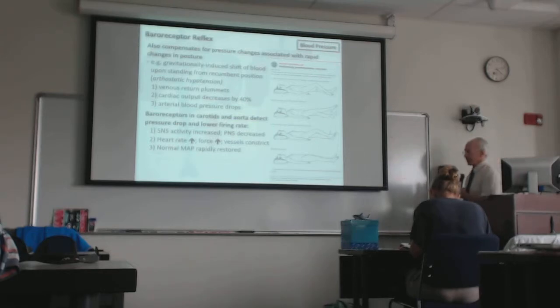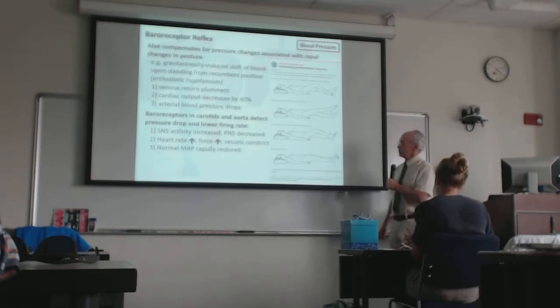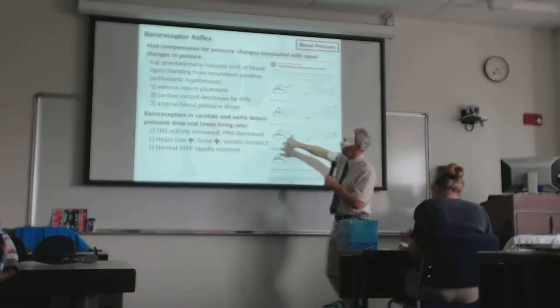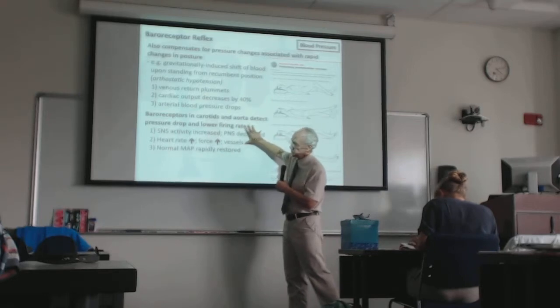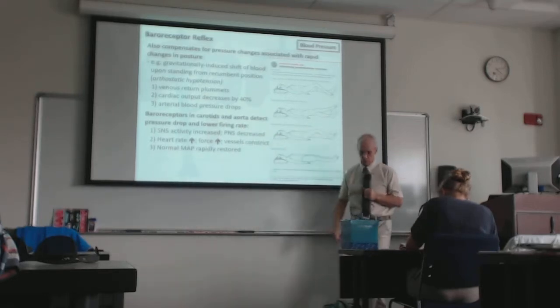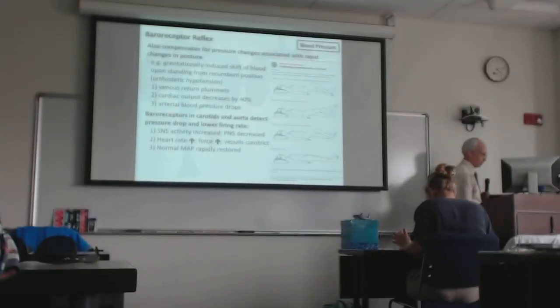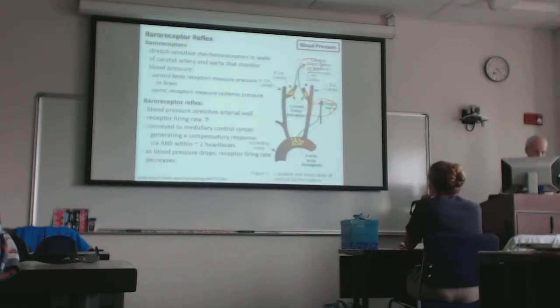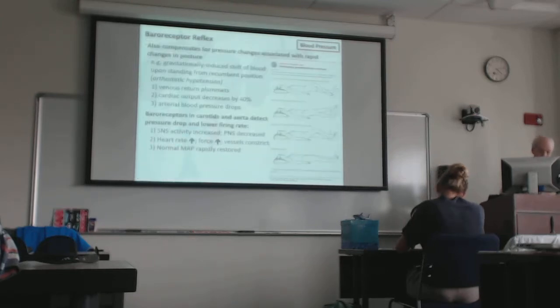And we've talked about orthostatic hypotension. You should be able to tell me what that means. We talked about venous return, the relationship to central venous pressure. What I want to focus on now is the autonomic compensation, the autonomic response to orthostatic hypotension. The baroreceptors that we just talked about, located in the carotid sinus and the aorta, are going to detect that decreased pressure.